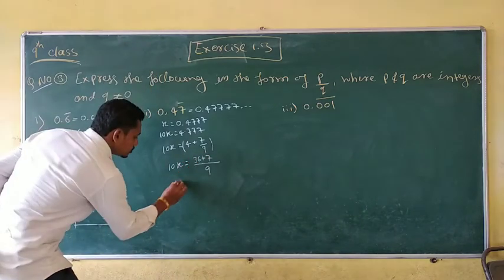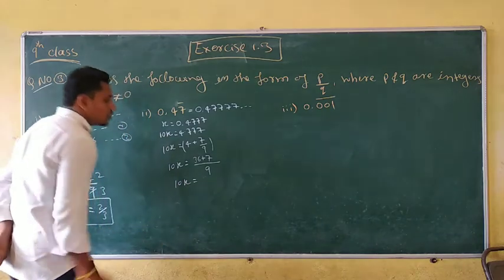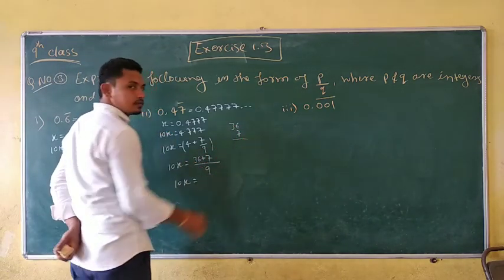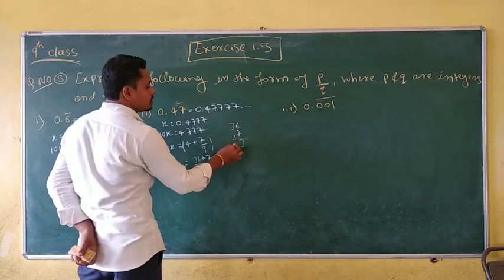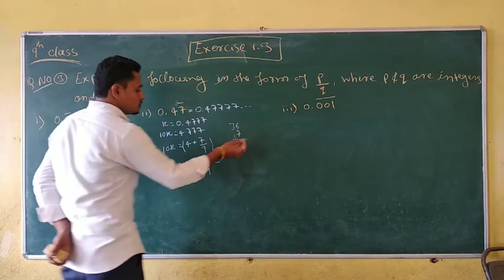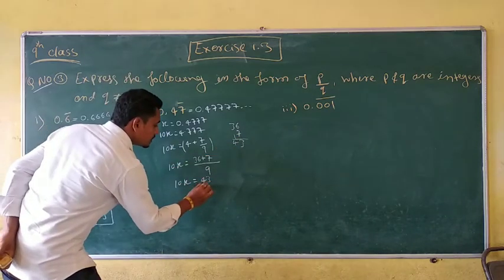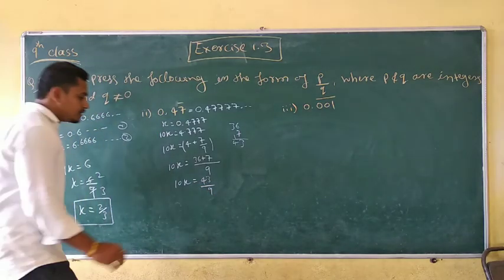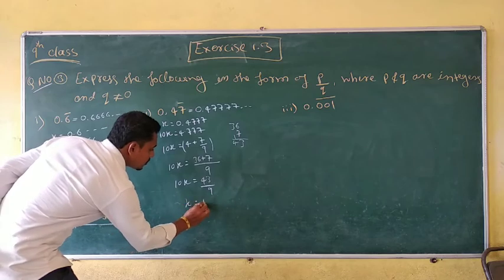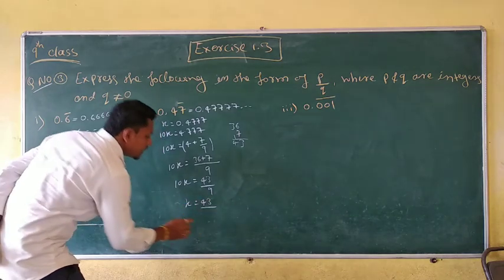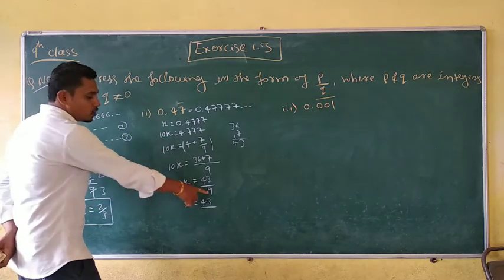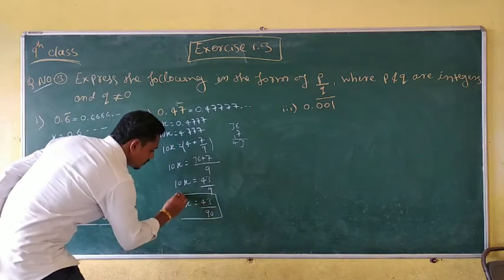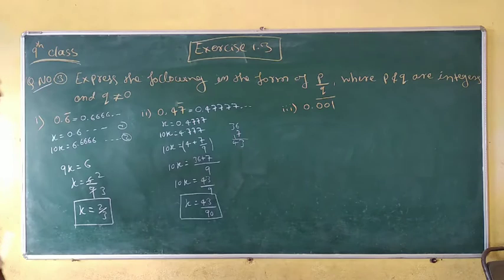So here 10x is equal to 36 plus 7, that is 43, so 43 divided by 9. So next, x is equal to 43 divided by 10 into 9, which is 90.